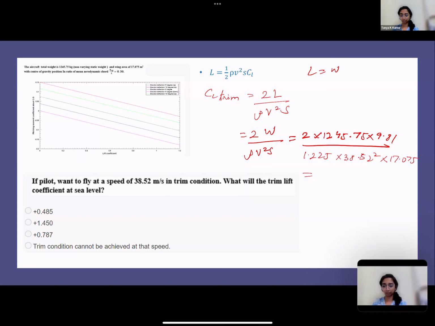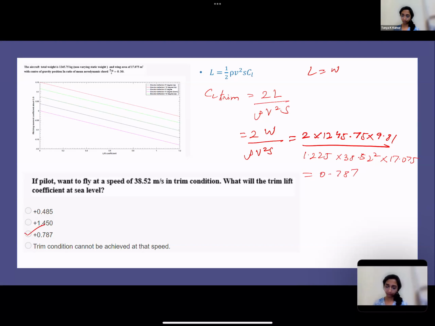Trim velocity is given to you. If I plug in the values, I'm getting 0.787.